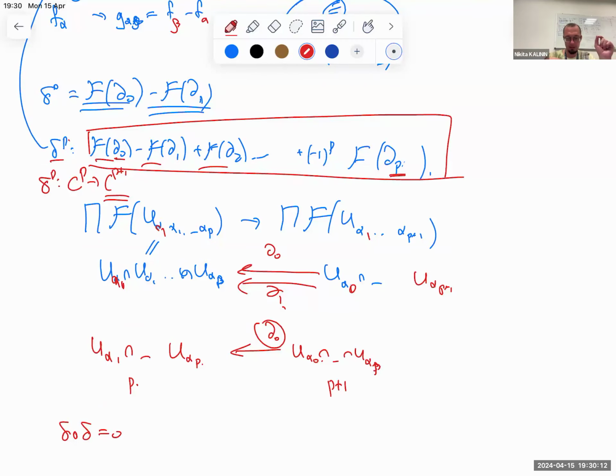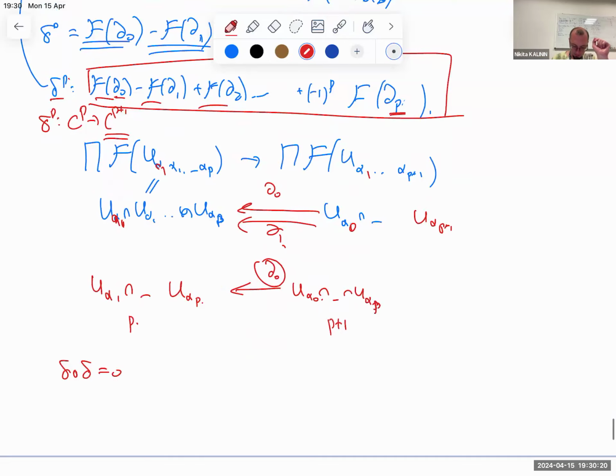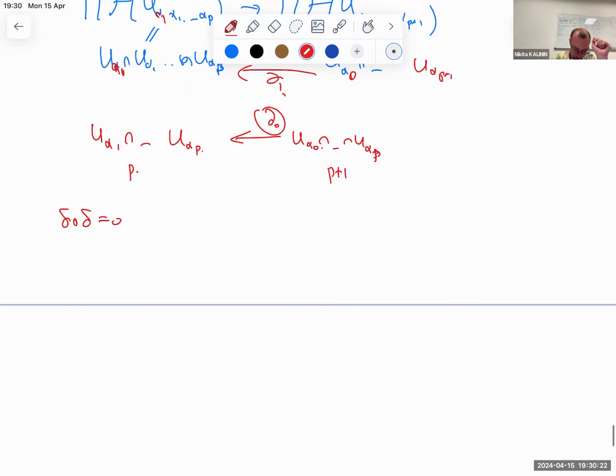Right, because when we forget the first of them, this index shifts by 1. Okay, so the claim is that this C upper star UF is a differential complex.